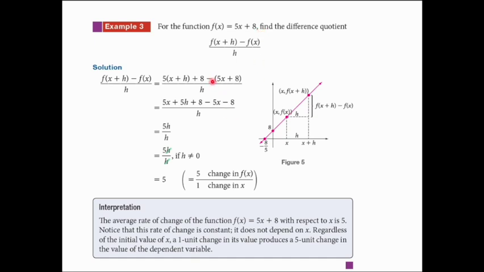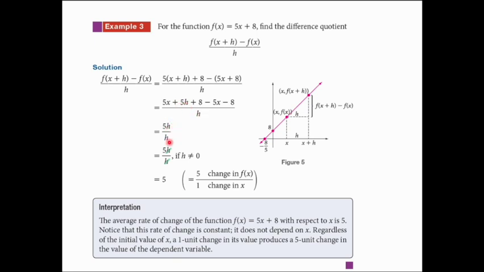So when we distribute that negative, this becomes a negative 5x and a minus 8. And when we start combining like terms, we get 5x and a minus 5x, so that drops out. Then we have a plus 8 and a minus 8, so the 8's drop out. And so I'm just left with 5h over h.